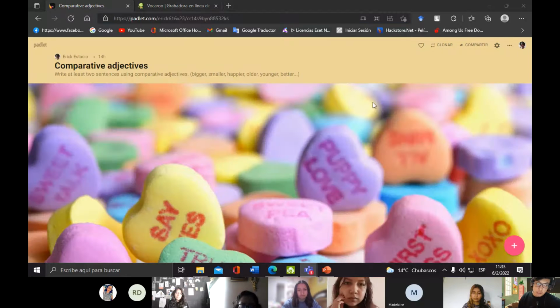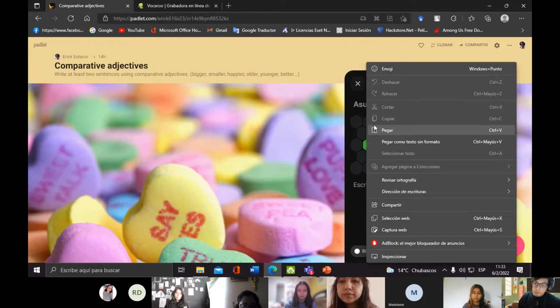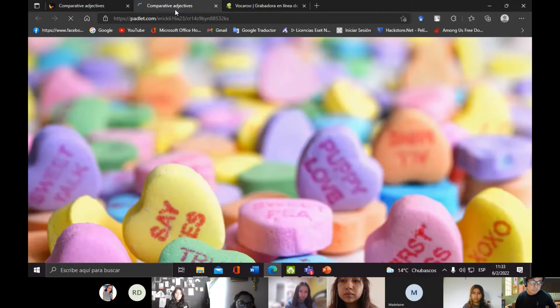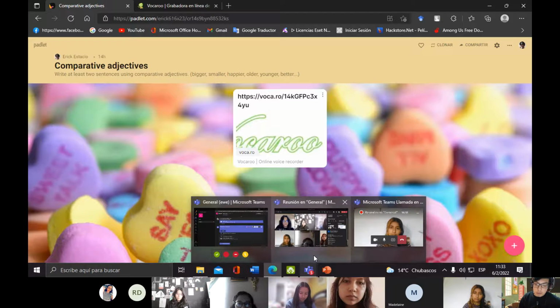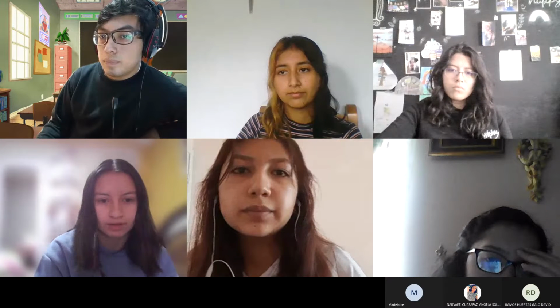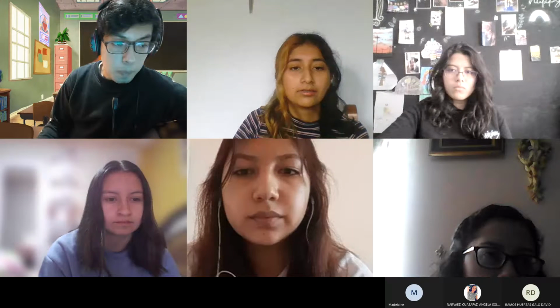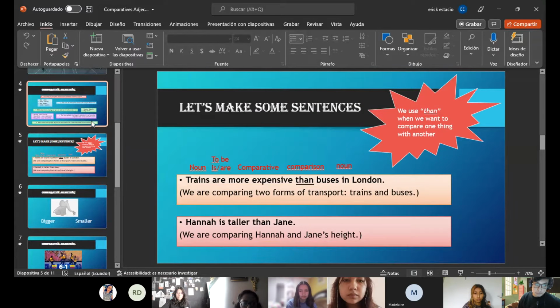We're going to the second link, which is a Padlet wall, where we paste the link and we share with the others. Something like this. So, for this activity, you have 5 minutes. Si necesitan ayuda, aquí tenemos unos ejemplos y también las reglas para que puedan trabajar a gusto.